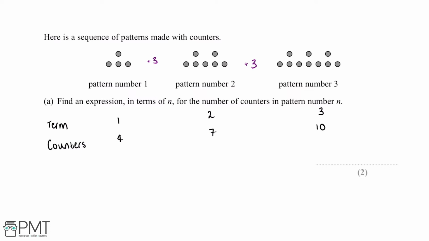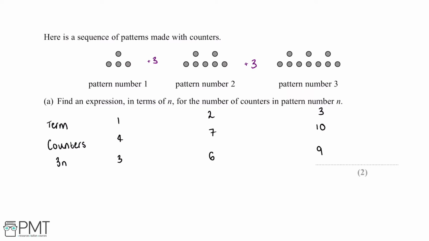So what this means is the first term in our expression will be 3n, where n is the term. So what we can do now is write out what 3n will be for the first 3 terms. So 3 multiplied by 1 gives us 3. 3 multiplied by 2 gives us 6. And then 3 multiplied by 3 gives us 9.